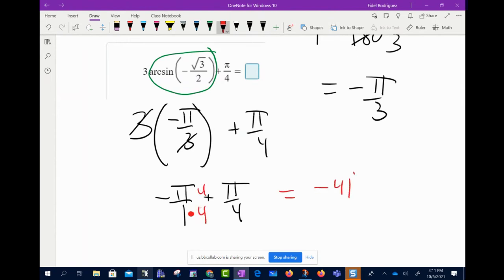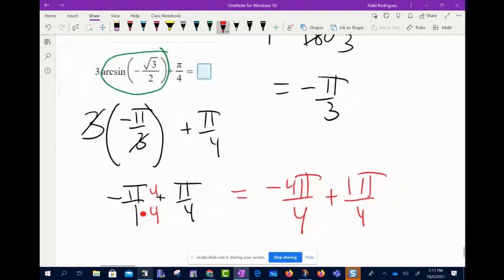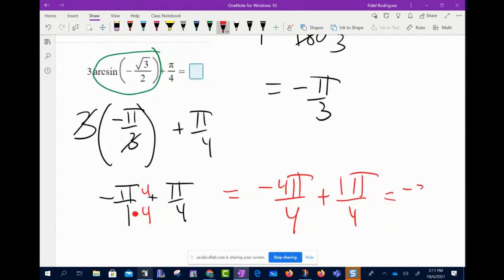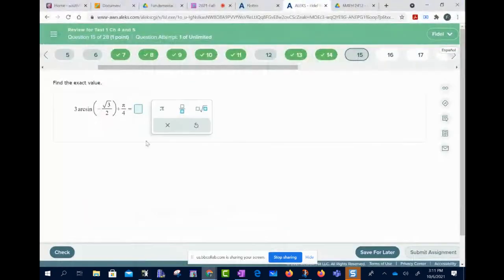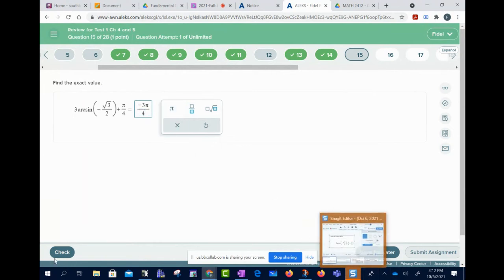So that's going to leave me with a negative 4 pi over 4 plus 1 pi over 4. What's that going to leave me with? Boom. And then I'll come back to my problem. Right here, we will put negative 3 pi over 4. Do the check.